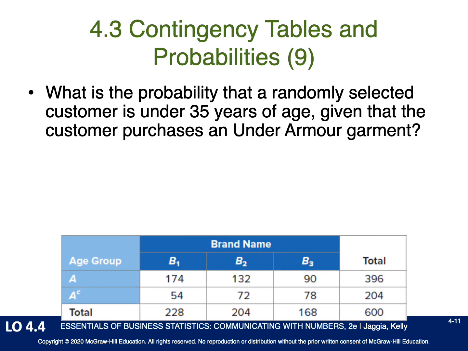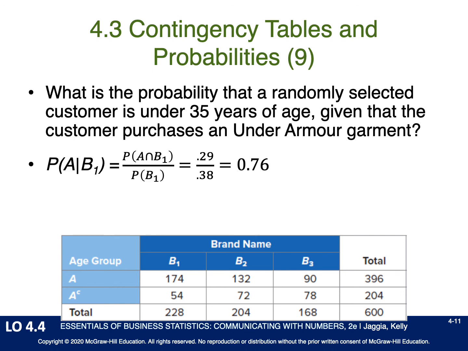So lastly, we want to look at what is the probability that a randomly selected customer is under 35 given that they purchase an Under Armour garment. Okay, so we looked at this formula in the second video. So we're looking at the probability of A given B, which is the probability of the intersection of A and B, which is 174 divided by 600.